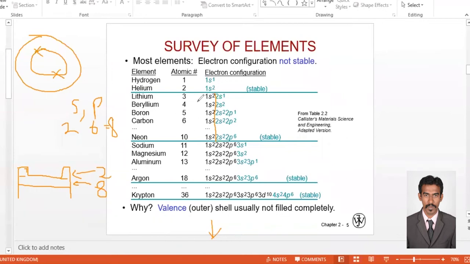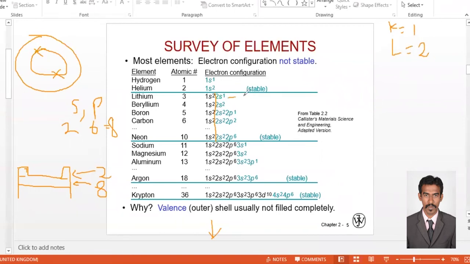So what we are doing, we bring this 1s2, that will go for all elements. Now we are concentrating on 2. While writing this, 2 is the main orbit 2. The main orbit K is 1, L is 2.